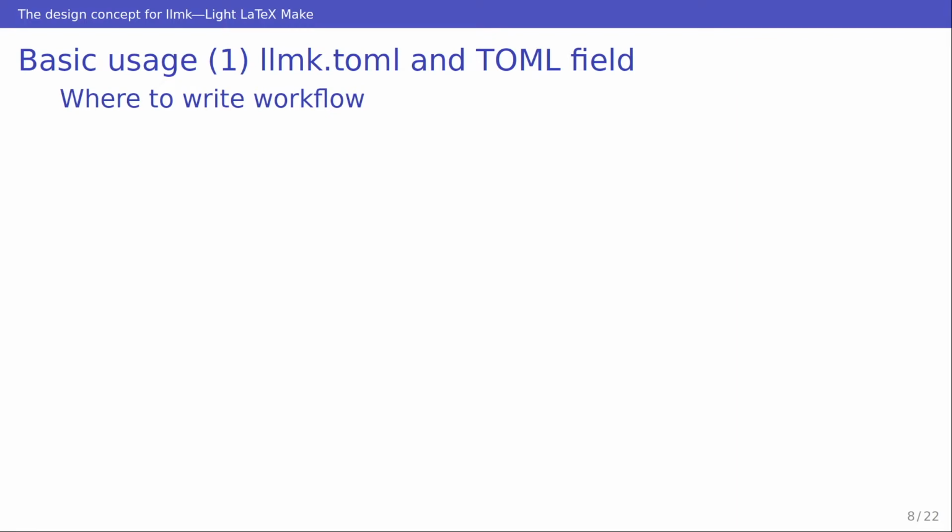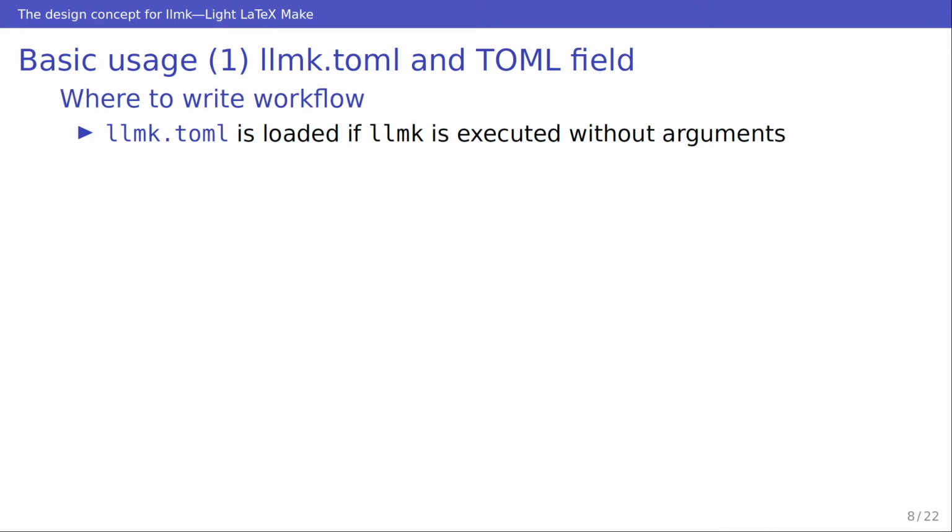From now on, let me explain briefly about the basic usage of llmk. First, where to write its configuration. When llmk is executed without any arguments on the command line, llmk.toml is loaded automatically.